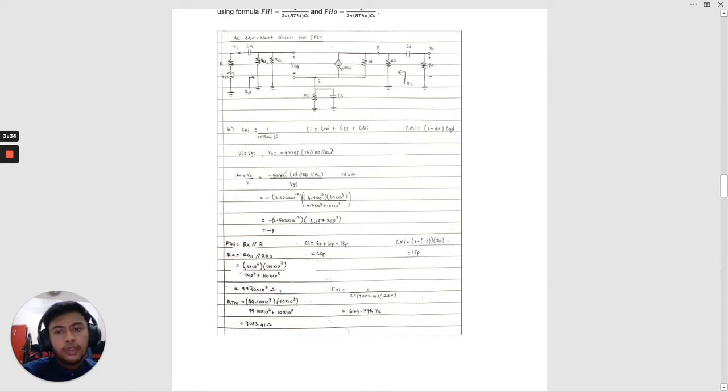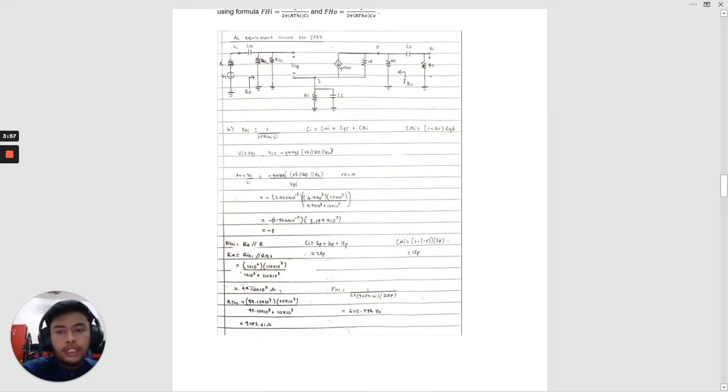Before that, we don't have the value of amplifier gain, which is AV. So we use the formula of AV is equal to V out over V in. For V out is negative GM VGS, RD parallel to small RD parallel to RD parallel to RL.